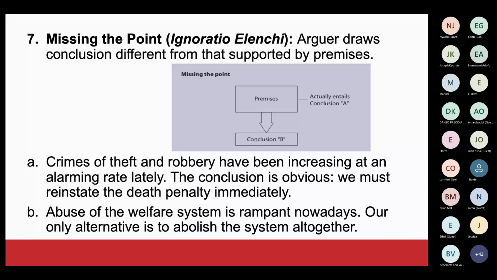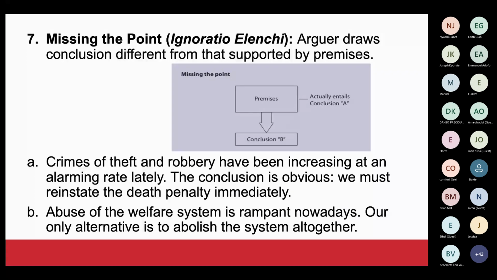If you look at the premise very well, that is not the conclusion it is leading to. It is probably leading to a conclusion where there's going to be a demand or a statement of some kind of vigilance for the police, law enforcement, etc. So it is not calling for the installment of a death penalty.